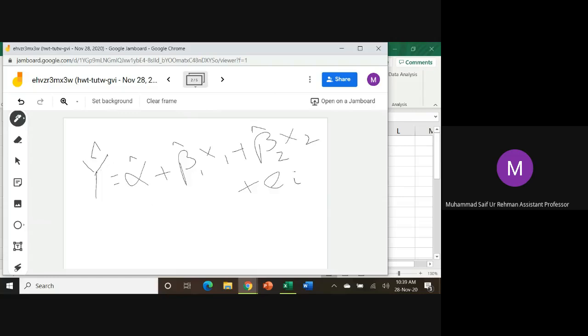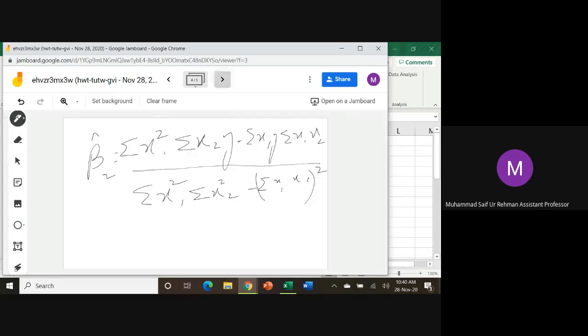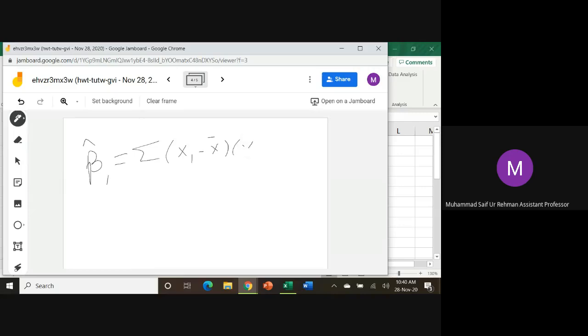So I can change these. I can also write a, b, c. Now for beta 1, as it is the coefficient for x1, the first variable, the formula will be this that I'm going to write down: y minus y bar.